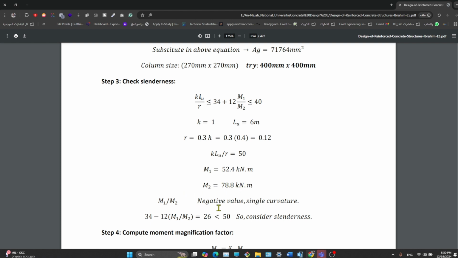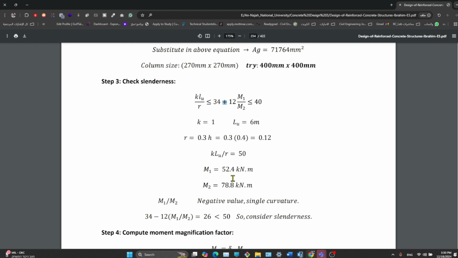Now M1 over M2 will be a negative value. Means this sign plus, we need to make it minus. Why? Because the kind of deflection or buckling of the column will be in single curvature. Why? Because we don't have a bracing in the middle.